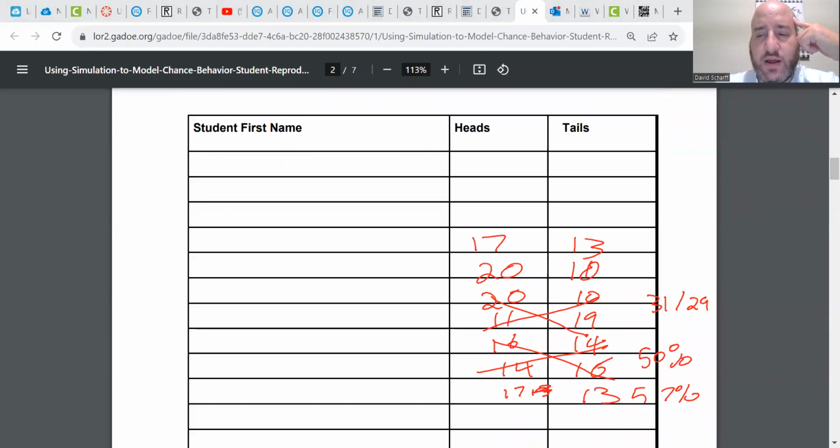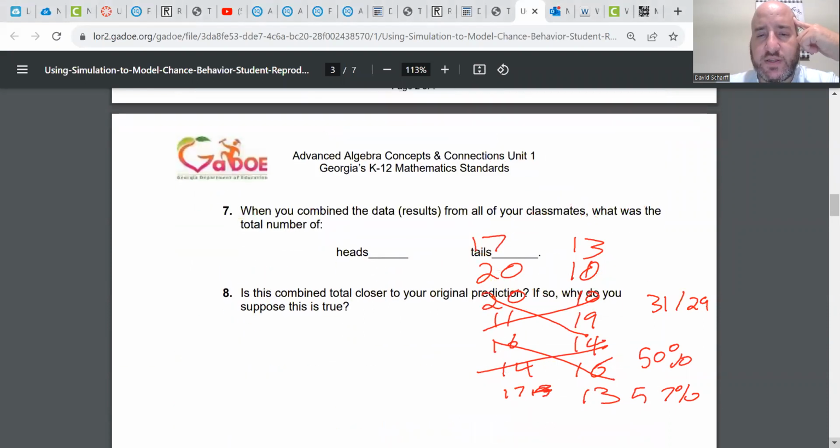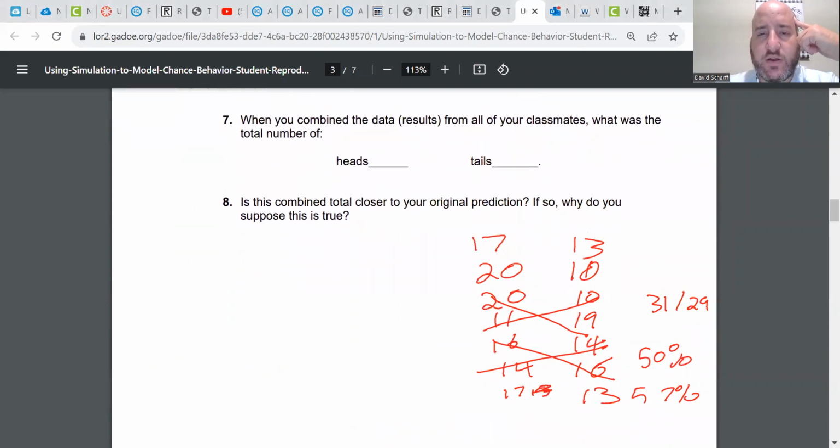If we add those up, I'm going to scroll right here just to leave it so we can look. And if you want to add them up in your head, you can do that. I will do so. Got 115 heads. It should be 95 tails. 33, 43, 52, 82, 95 tails. So 115 heads, 95 tails.